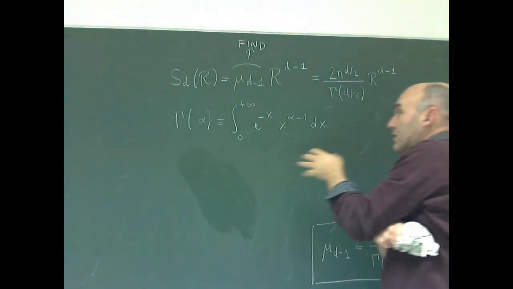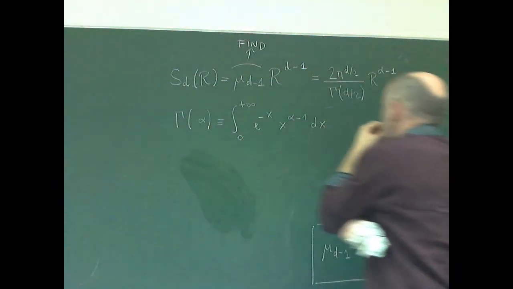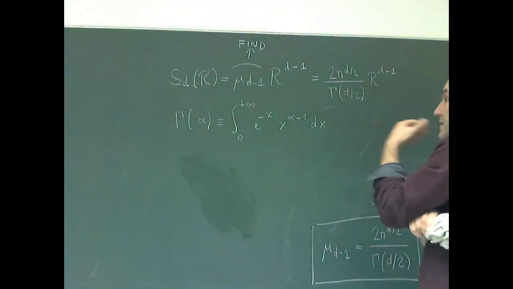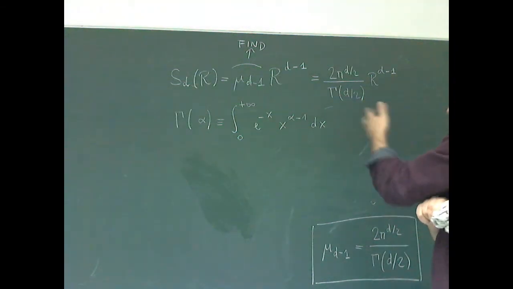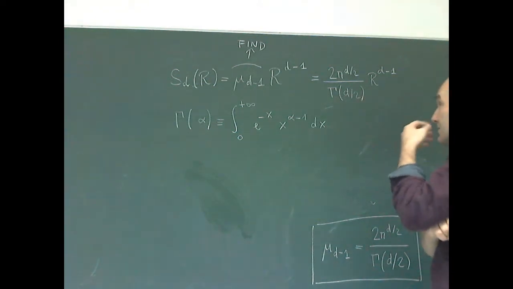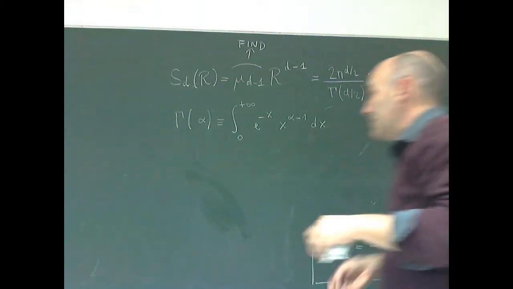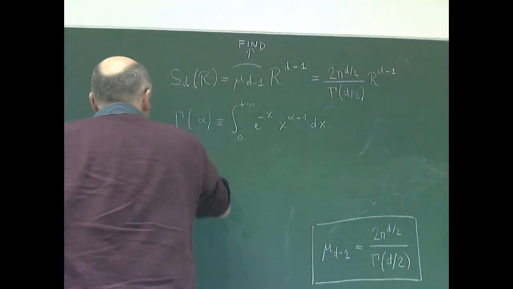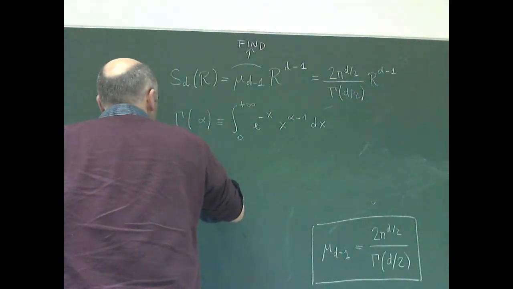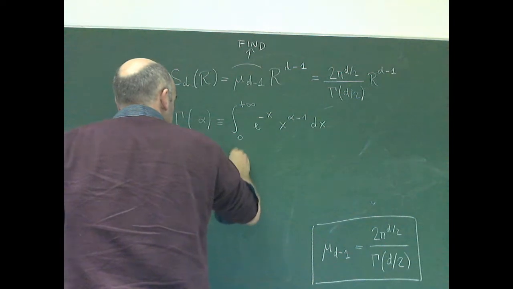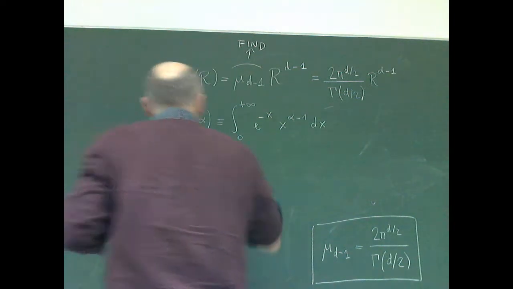For us, we are only concerned with the case where alpha is some integer or integer divided by 2. This is because we're looking at the dimensionality, and dimensionality is an integer. So some properties of the gamma function: the gamma of 1/2 is the square root of pi, okay.